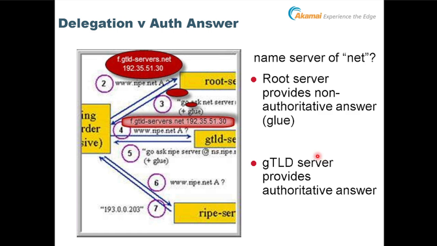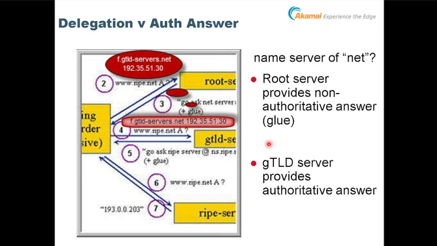It could have taken this information from the glue and put it into the cache so that a client that happened to ask for that exact name could get the delegation information instead. But a more conservative, more secure approach is to keep that data completely separate. And if a client really wants to know this information, then go ask the proper server. Don't rely on the value that you received from the glue.